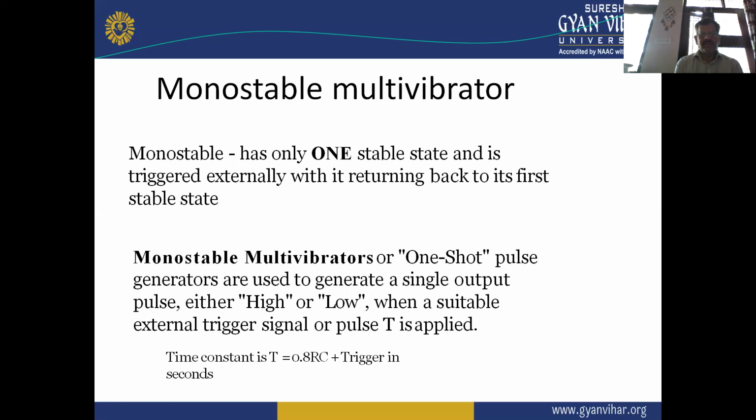Monostable multivibrators, or one-shot pulse generators, are used to generate a single output pulse, either high or low, when a suitable external trigger signal or pulse is applied. The time constant for this is T equal to 0.8 RC plus trigger in seconds.